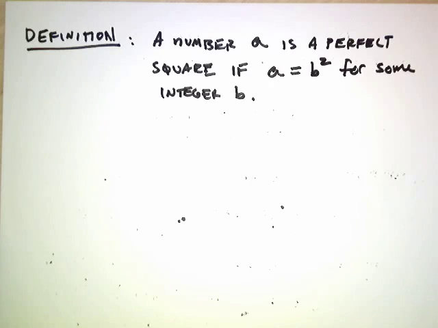So for example, 81 is a perfect square because it can be written as 9 times 9.